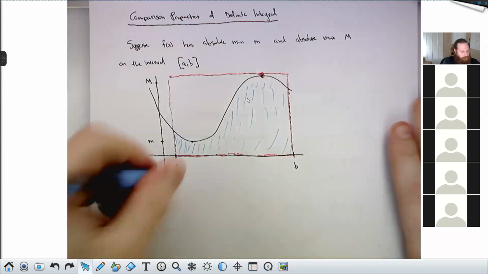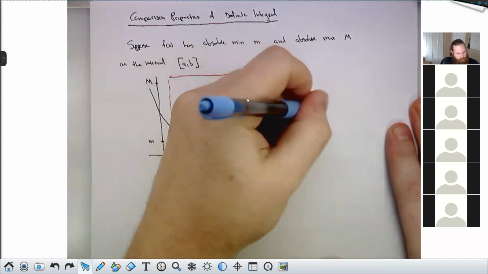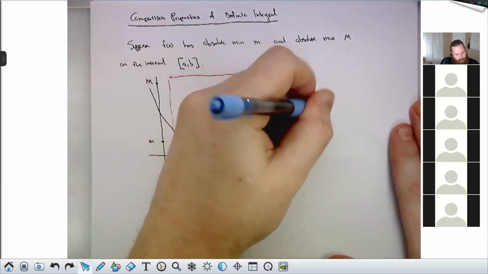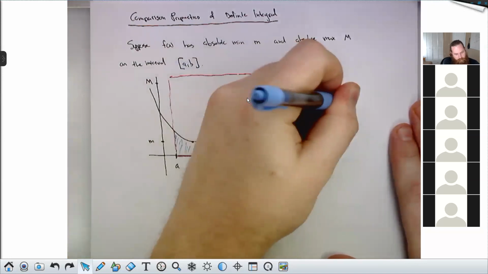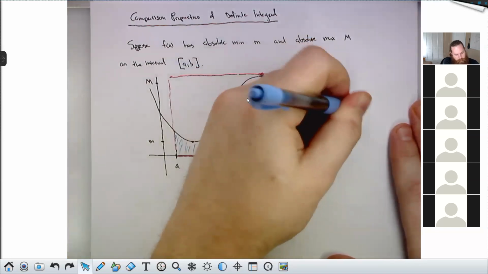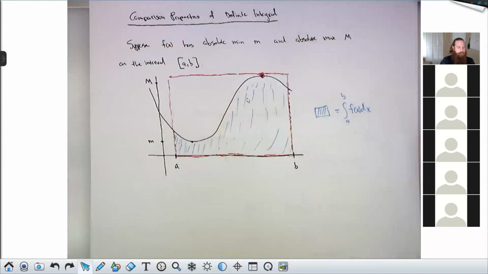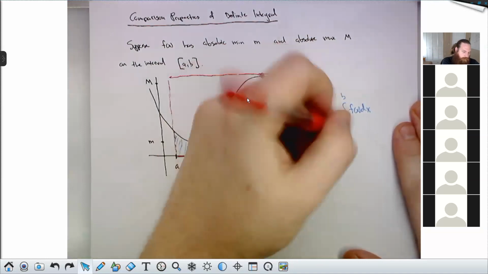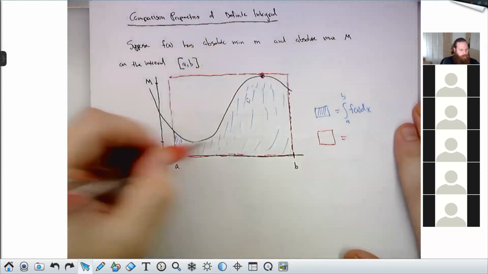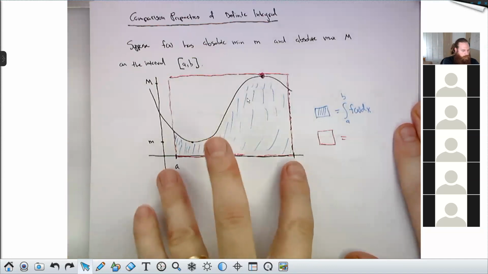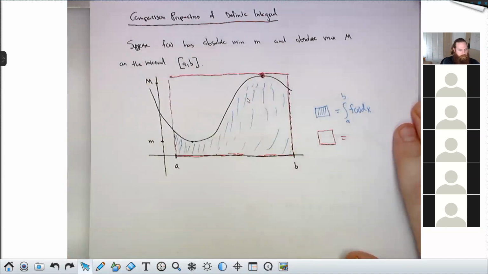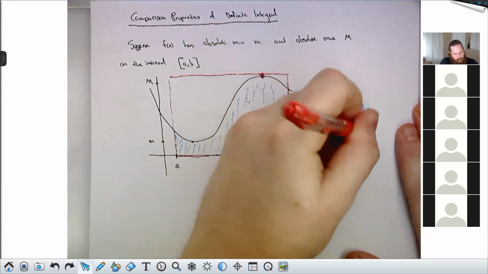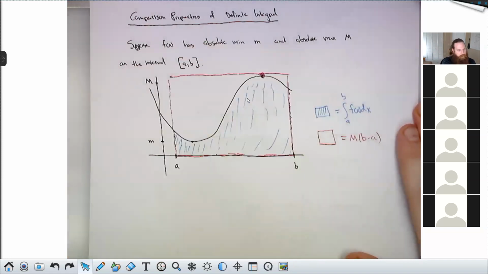Now the actual area, the blue shaded area, is the integral from a to b of f of x dx. The red rectangle's area is its width times its height, that's capital M times b minus a.